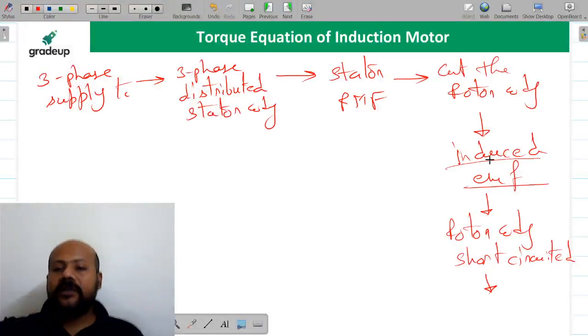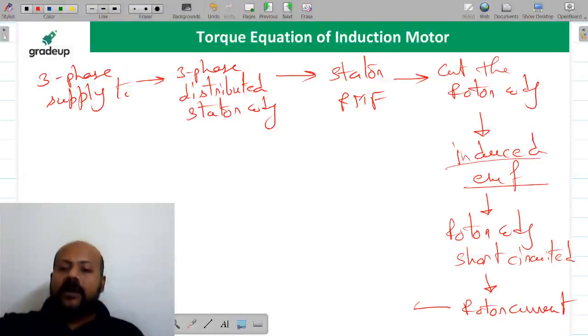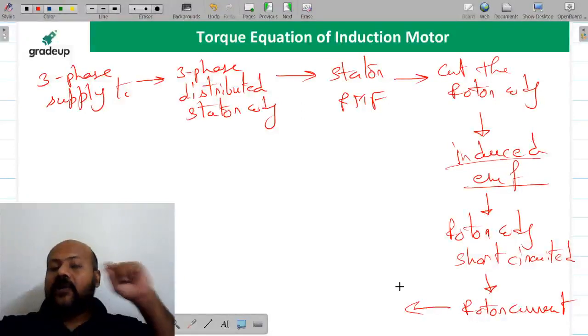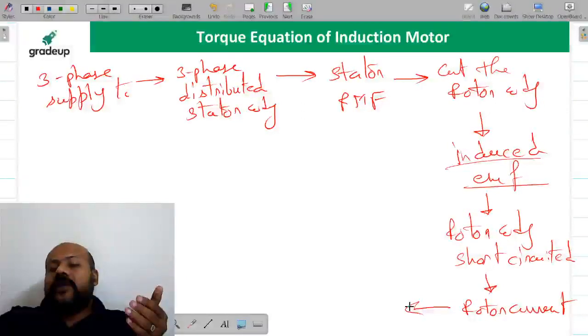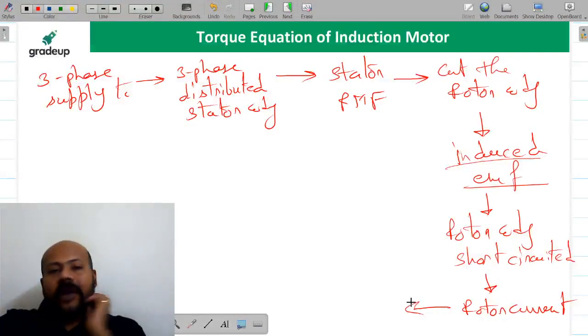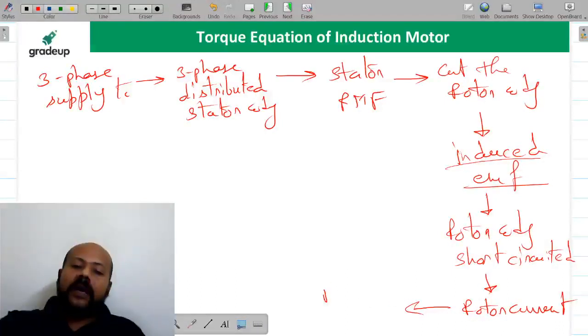Because of this induced EMF, there are going to be rotor currents. Now these rotor currents are going to generate again, because if there is current flowing in the winding, it is going to have its own magnetic field. So this rotor current is going to give rise to a rotor rotating magnetic field.